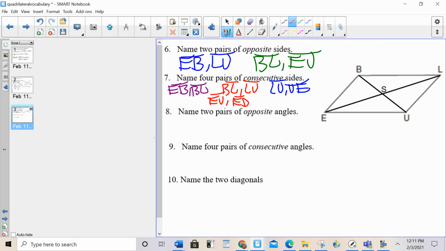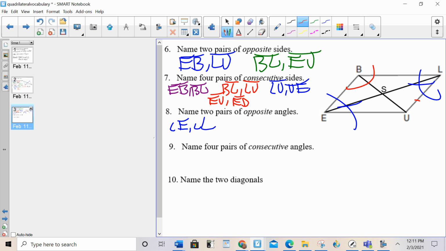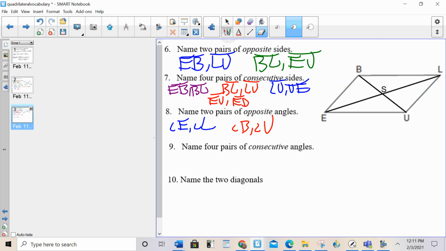Opposite angles. E and L. And the other pair, B and U. They are across from each other. They are not one after another. Consecutive angles are angles that are one after another.